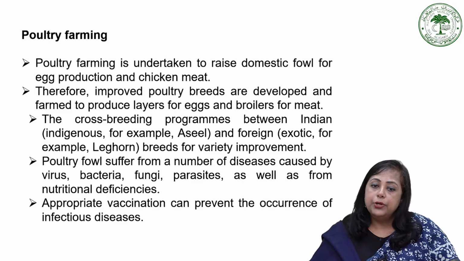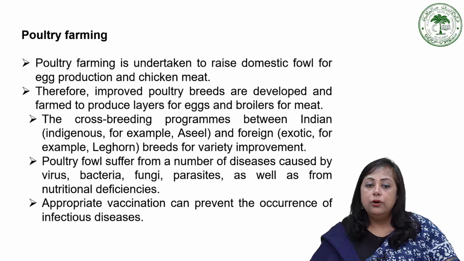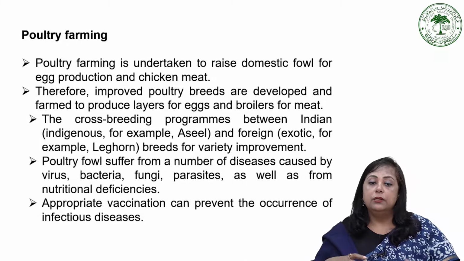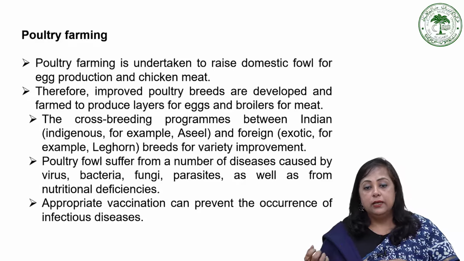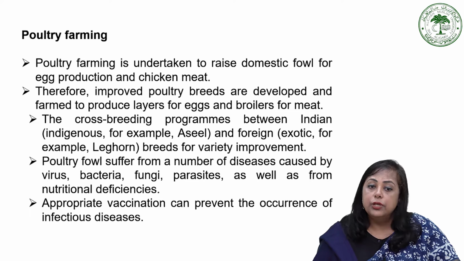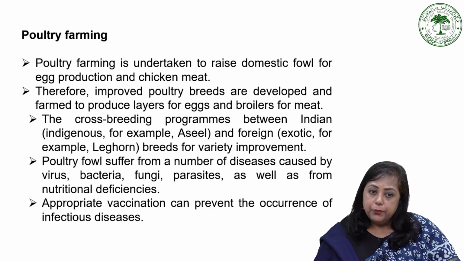The cross-breeding program is between Indian indigenous breeds, for example Aseel, and foreign exotic breeds, for example Leghorn, for variety improvement. So we are crossing the indigenous and the exotic species so that we can have better and better quality of the product.